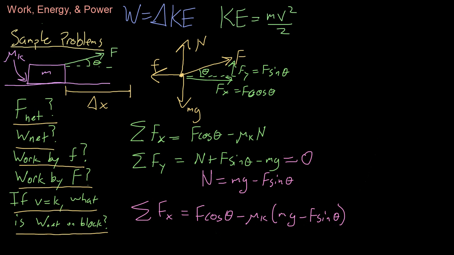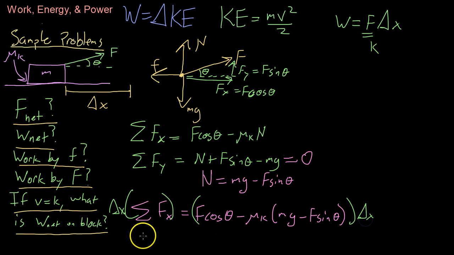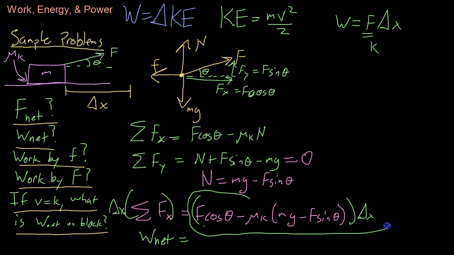Now, the nice part about the definition of work as force times delta x for some constant force is that all we have to do to find the net work is multiply both sides by the total distance over which this force applies. This means that the net work is basically this right here, the force just with a delta x multiplied through.